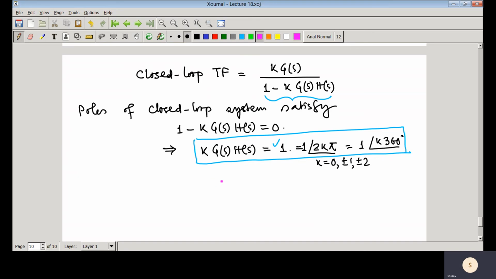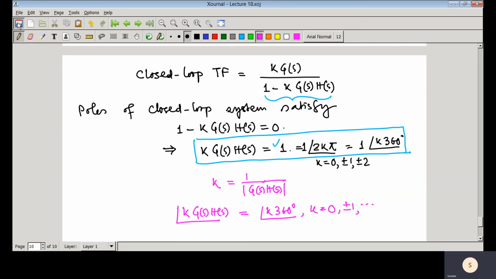One is the gain, that is K should satisfy the magnitude of G of S H of S. So this is the gain criteria. And what would be the phase criteria? The angle of K G of S H of S must satisfy K times 360 degree, where K equals 0, plus minus 1 and so on.